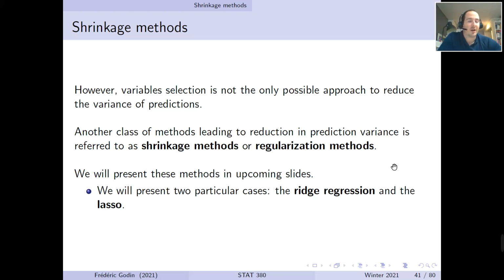These methods are another way to try to reduce the variance of predictions. There are many possible approaches to shrinkage, but we will study the two probably most famous ones, which are the ridge regression and the lasso regression.